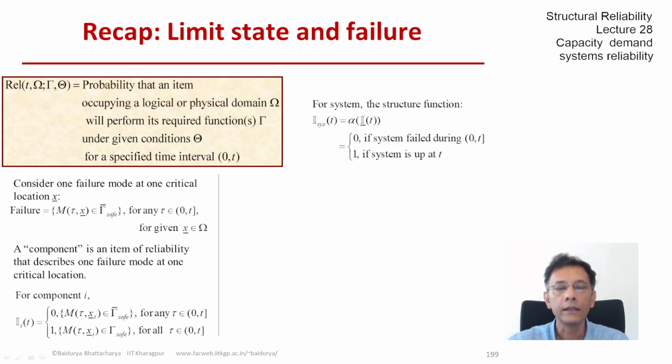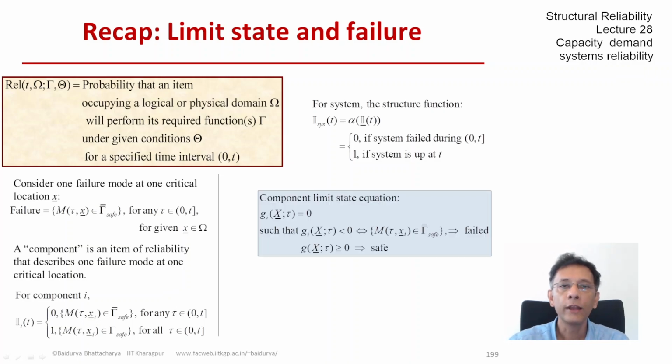Now the system comes together in terms of its constituent elements through the structure function alpha. Alpha is a function of all the individual component i's state functions, and likewise if the system is up at time t, it's 1, otherwise it is 0.